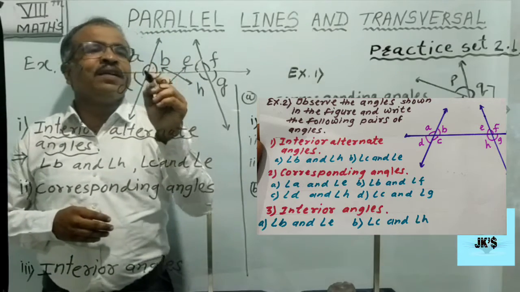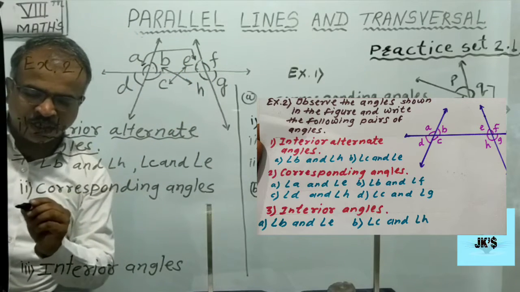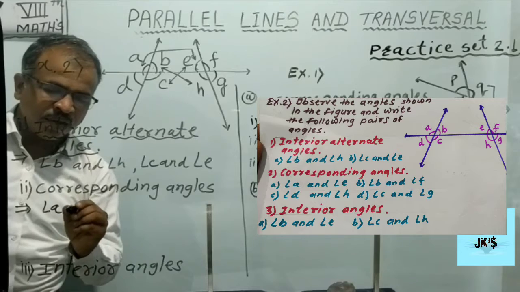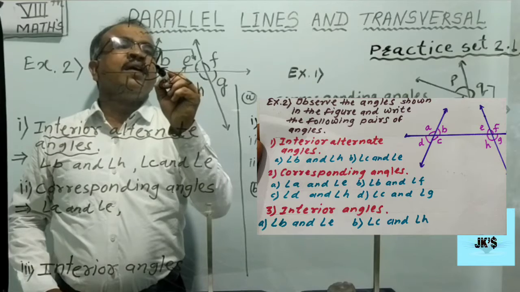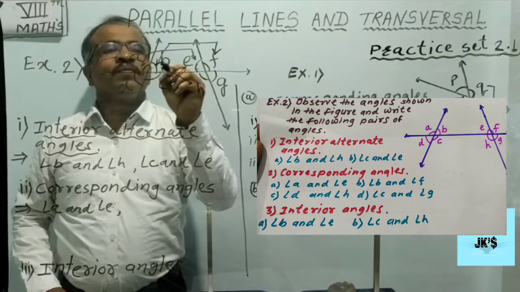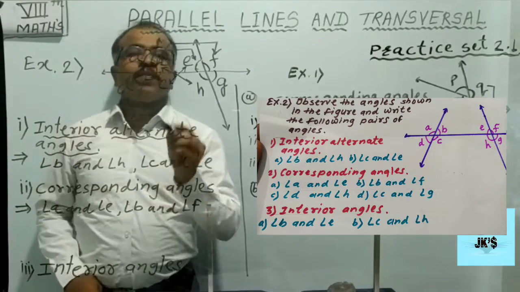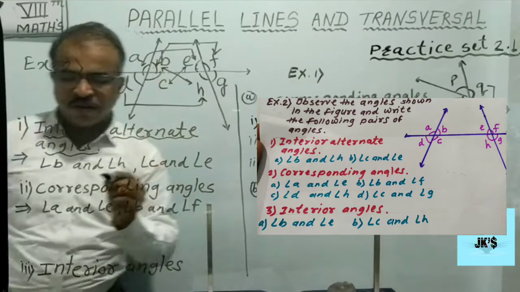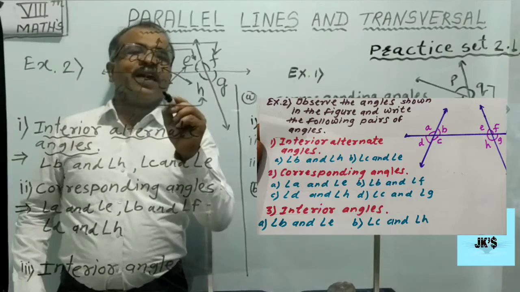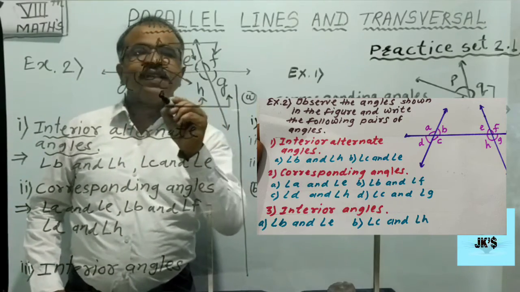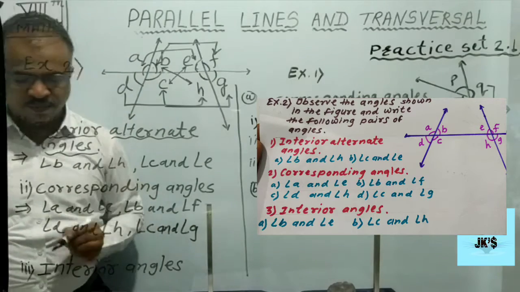We take angle A, the corresponding angle of angle A is angle E. So the first pair is angle A and angle E. Second pair, angle B and angle F. Third pair, angle D and angle H. And the last pair is C and G.